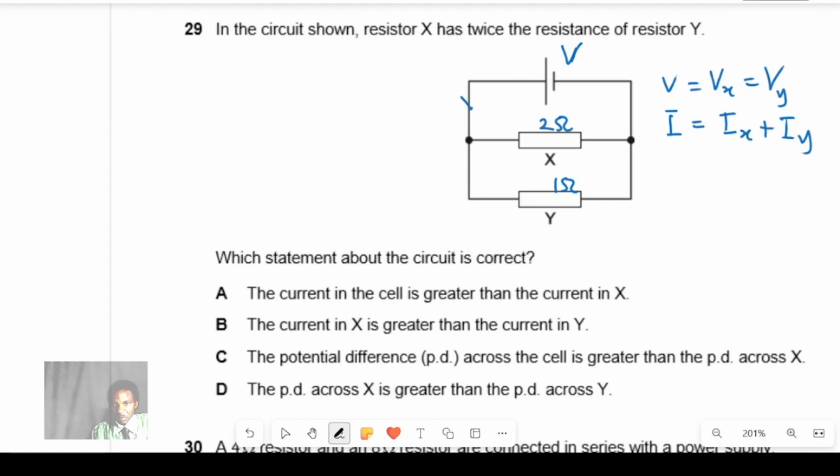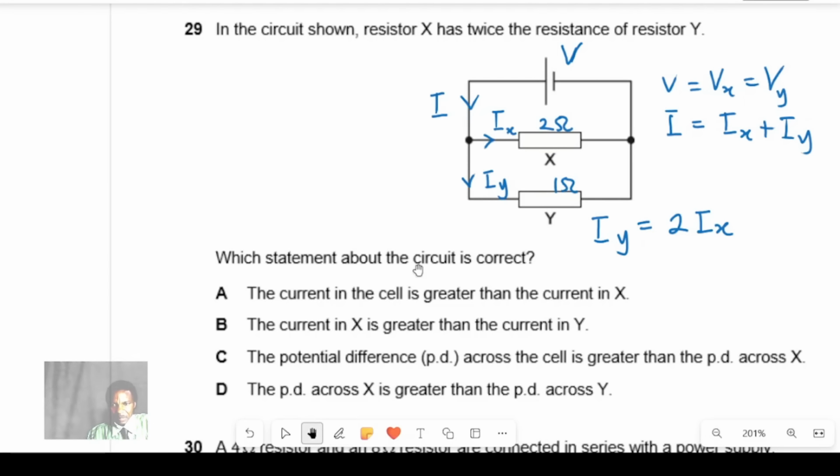The current coming here is I, and when it comes here, it splits into Ix and Iy. Now, the current that passes through Y will be twice that of X, so Iy is equal to 2Ix.